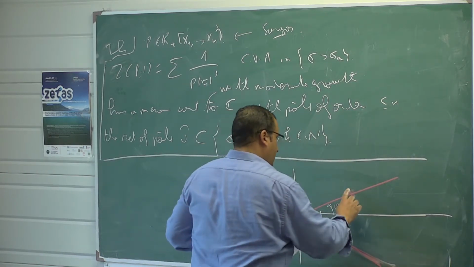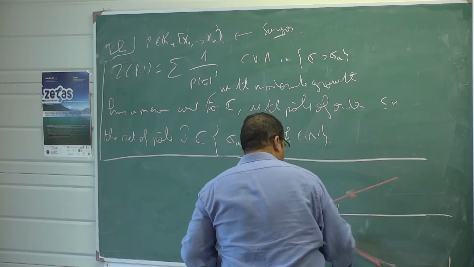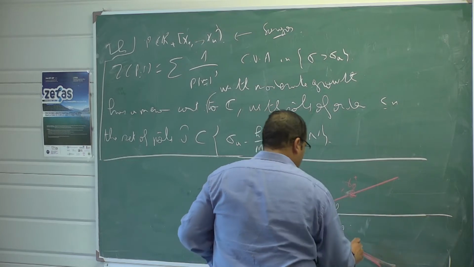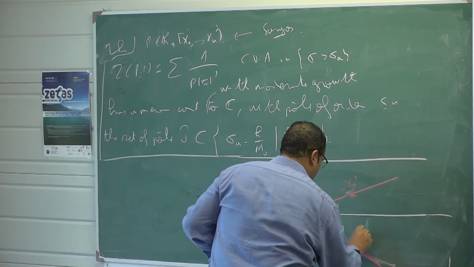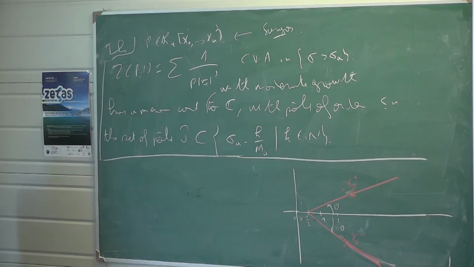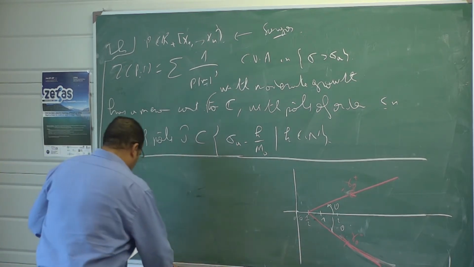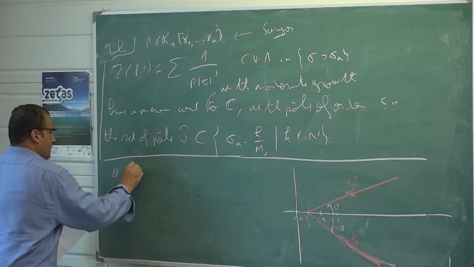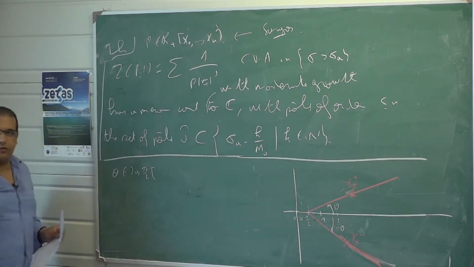You come from here and you go here. So this is minus gamma theta plus, and this is gamma theta minus. We consider this path for theta between 0 and pi over 2.